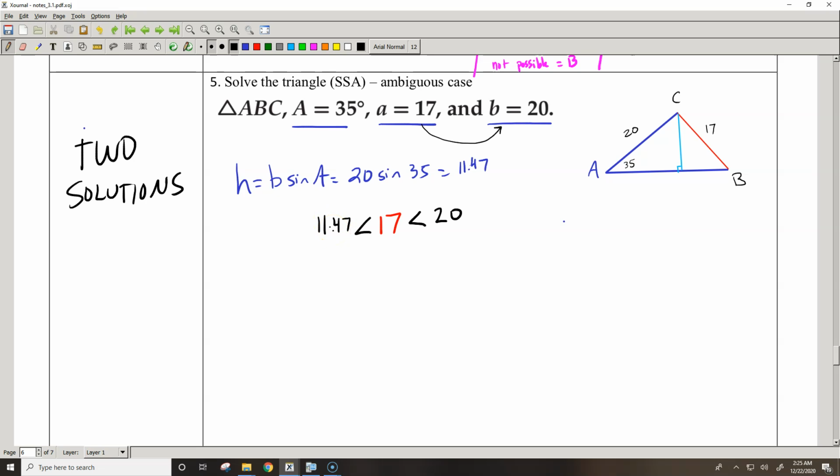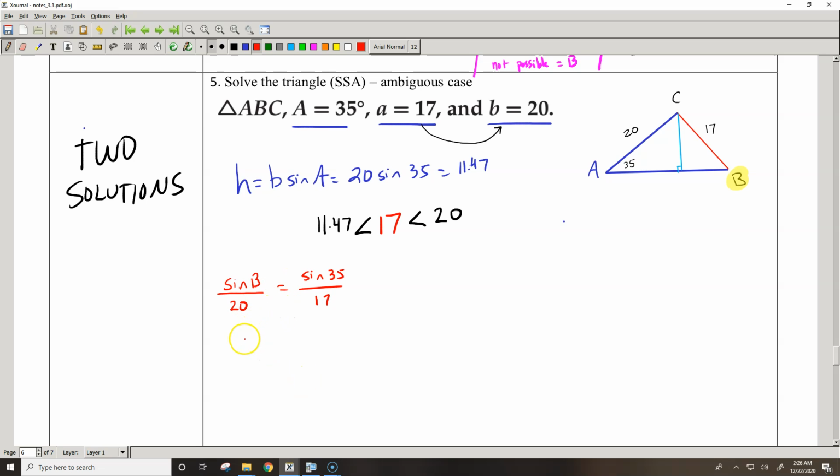So let's go ahead and use the law of sines, and we're going to solve for, again, angle B. That's the only option that we have when we have SSA. We have to solve for angle B. So we start this off, and we say the sine of B divided by its opposite, which is 20, is equal to the sine of 35 over 17.